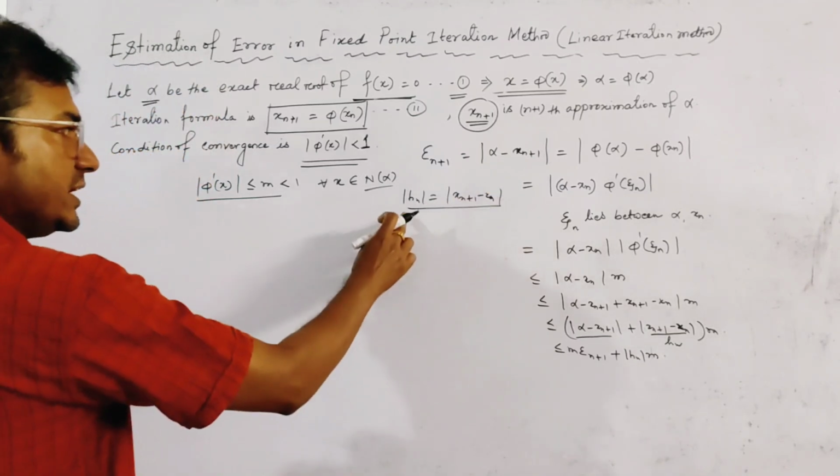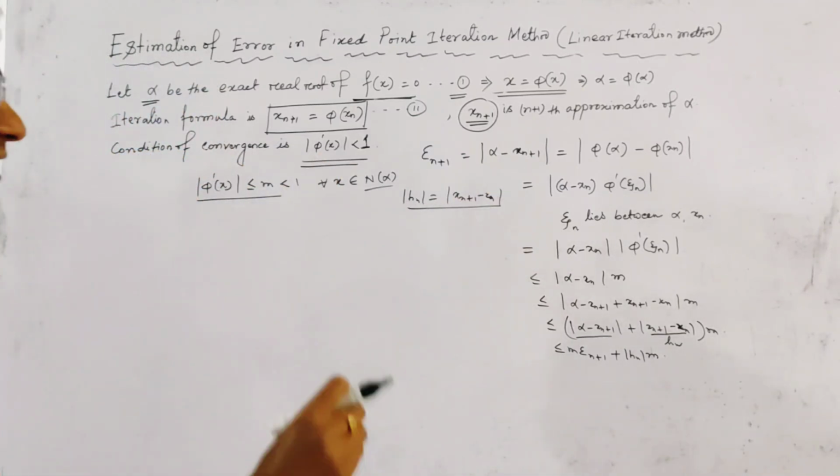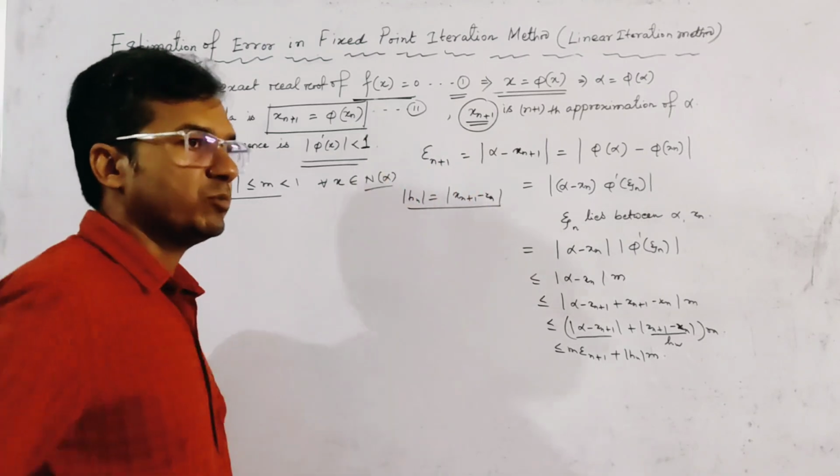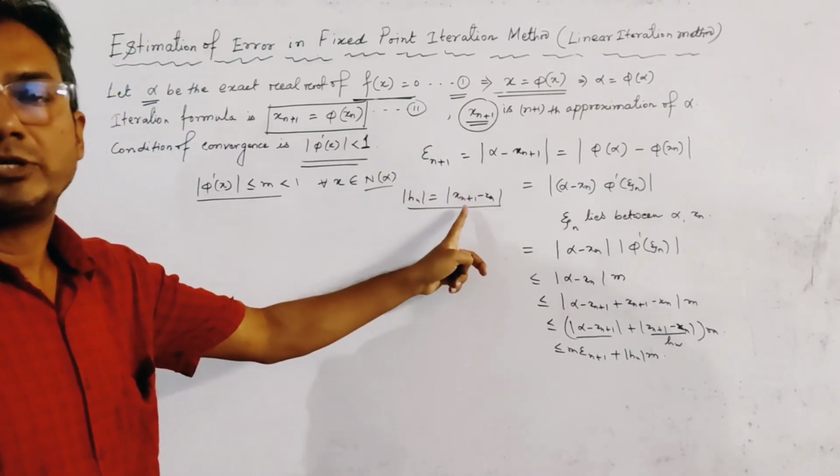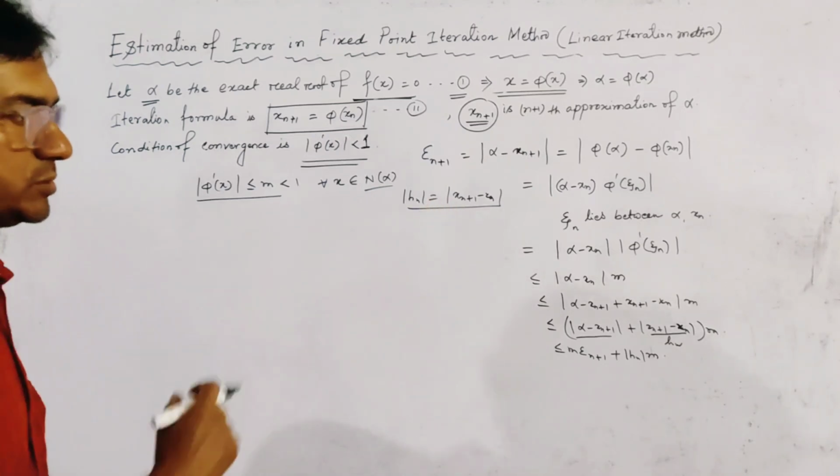That is, h(n) is the difference between two successive approximations. Here x(n) is the nth approximation of the root and x(n+1) is the (n+1)th approximation.